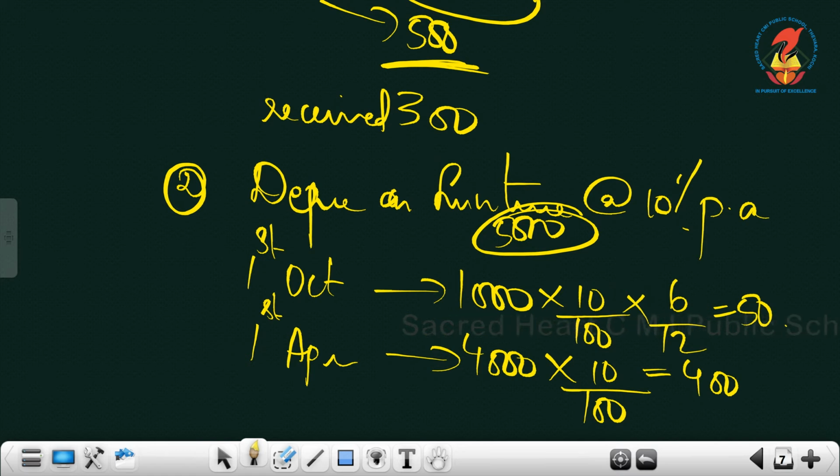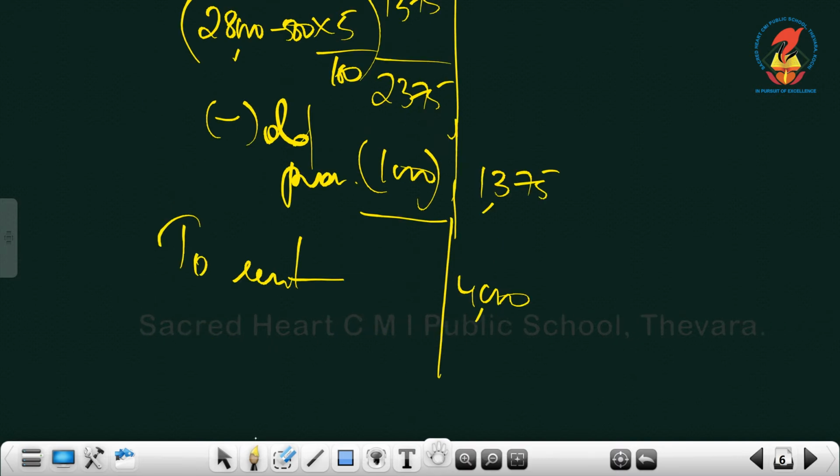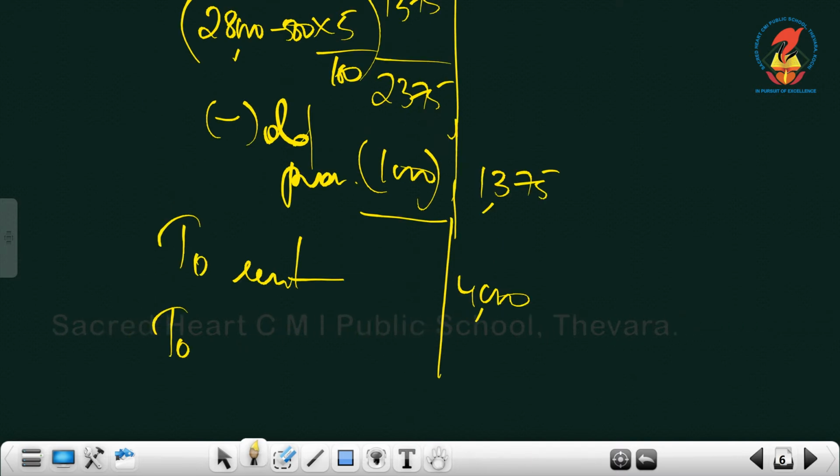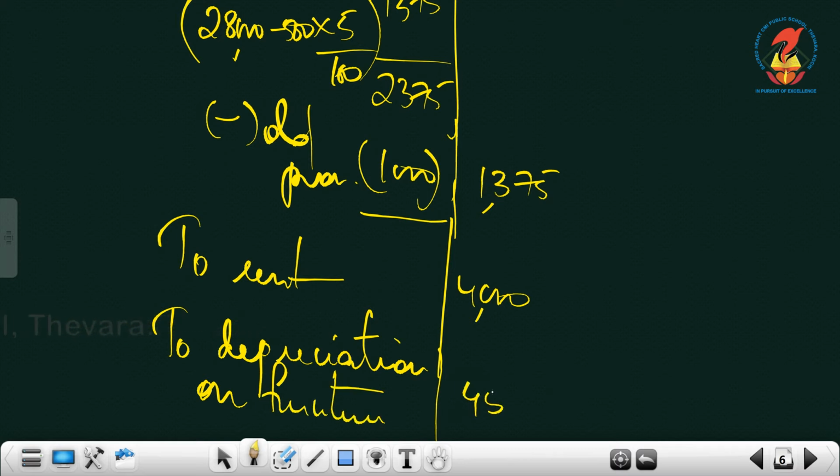So now your depreciation on furniture altogether will be 450. If you want, you can write the calculation here also within brackets, but somewhere it should be there. Somewhere means not only on your calculation sheet, it must be there along with your answer. So depreciation on furniture is 400 plus 50, 450.